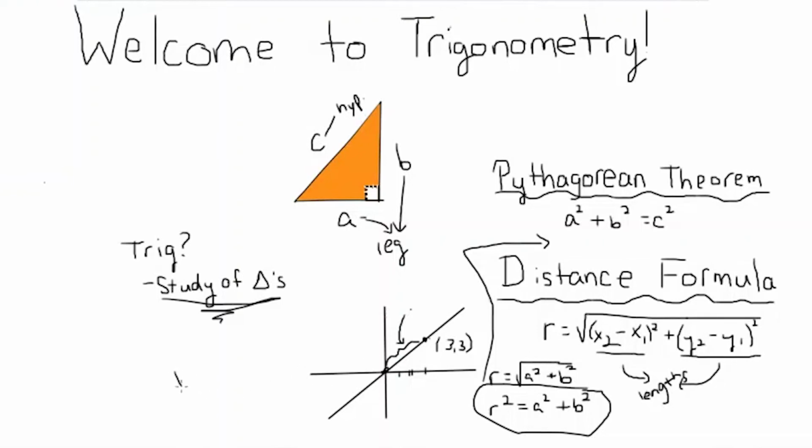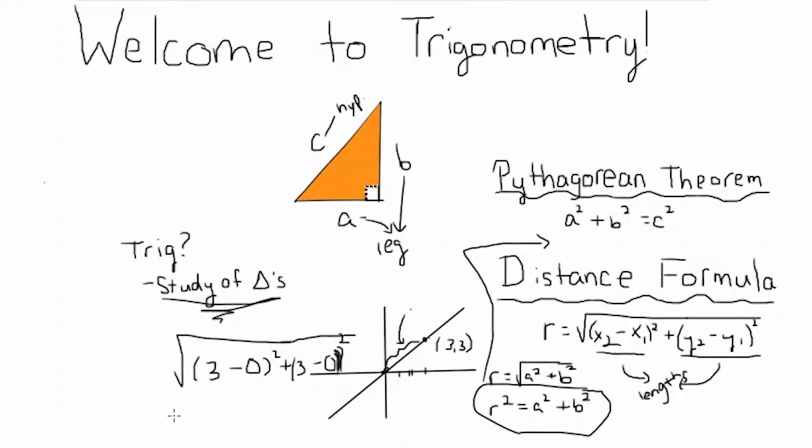So we would have x2 minus x1, so x2 is 3, and we know the origin is 0, so 3 minus 0 squared, and then the same for the y coordinates, 3 minus 0 squared.